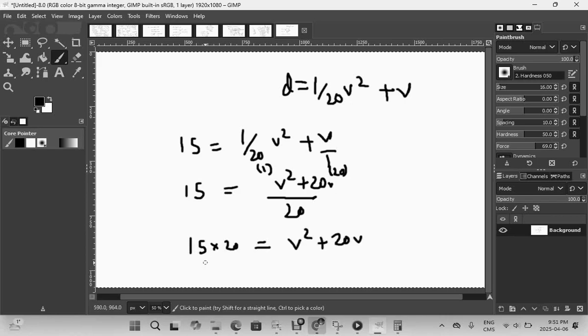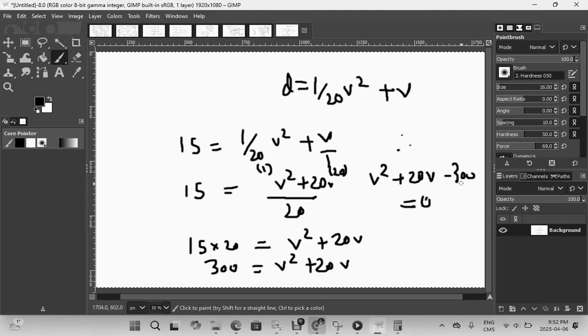This will be 300 equals v squared plus 20v. Therefore, v squared plus 20v minus 300 equals 0.